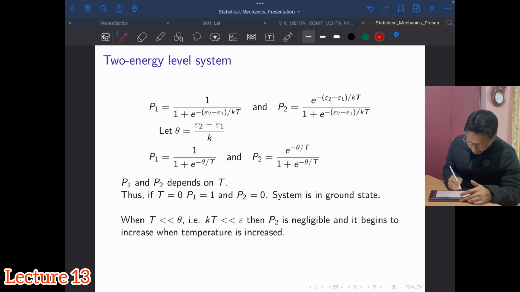So in the scale of theta, when theta is much greater than T, that means the temperature is much smaller than the value of theta.